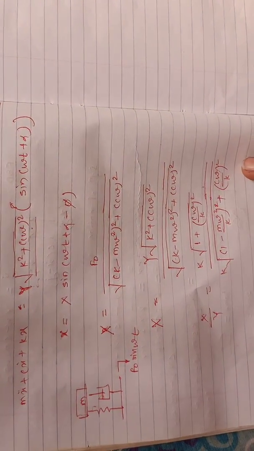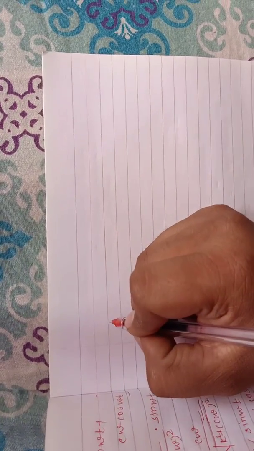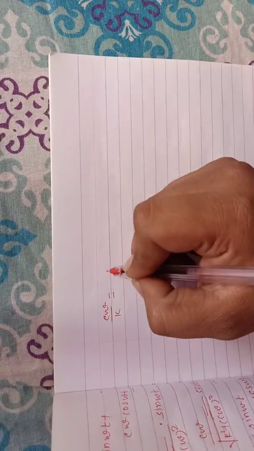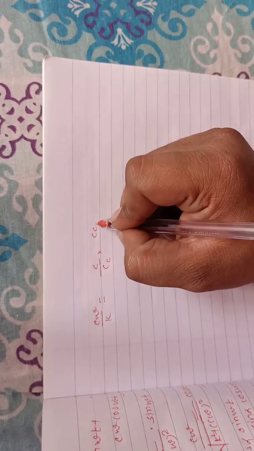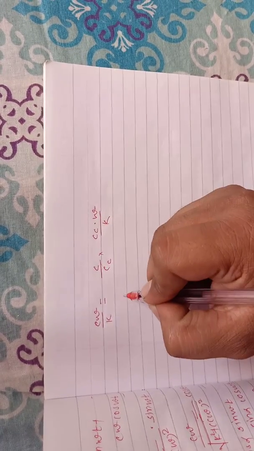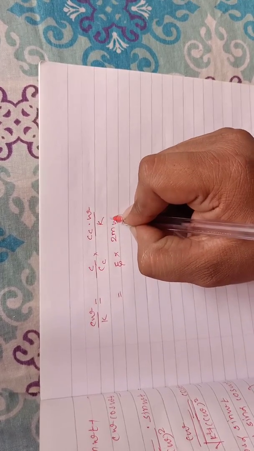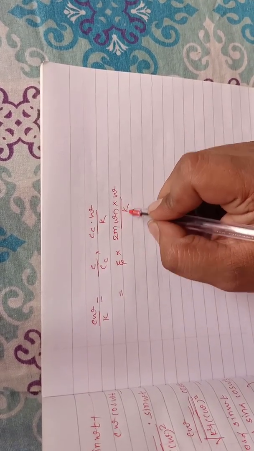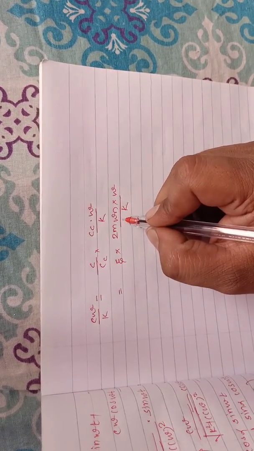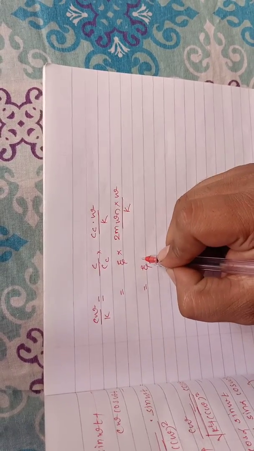So here we will simplify c omega by k. c omega by k is equals to c by cc into cc into omega by k. So c by cc is zeta, cc is 2 m omega n, into omega by k. So root k by m is omega n, then m by k will be 1 upon omega n square.